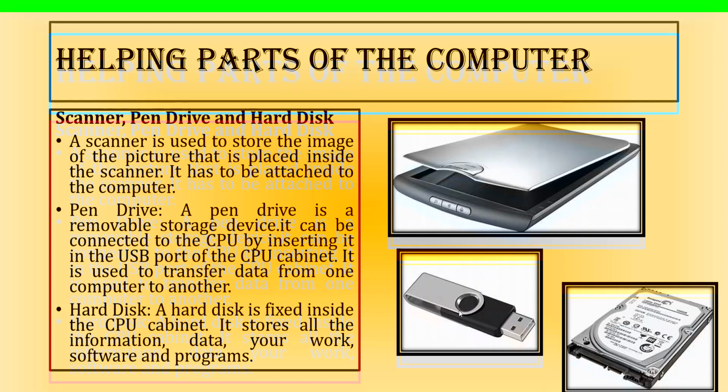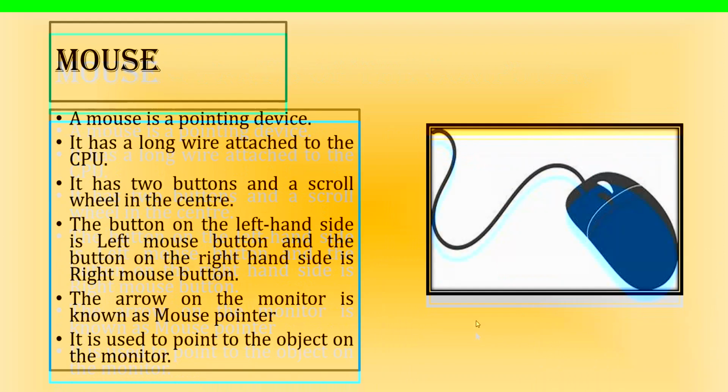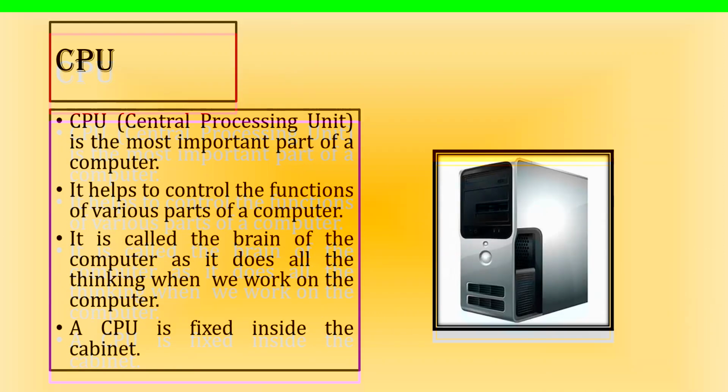Here is the pen drive, and the pen drive also goes into the CPU. On the CPU you can attach a number of parts: the uninterrupted power supply, the pen drive, the scanner, and your printer.